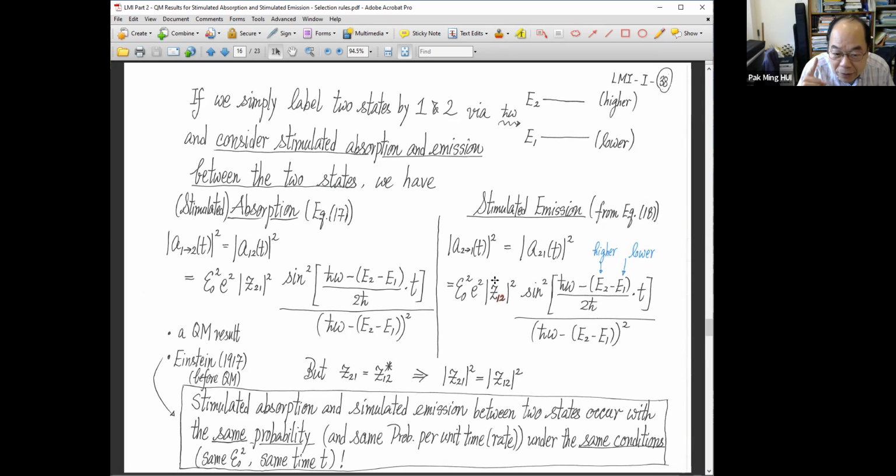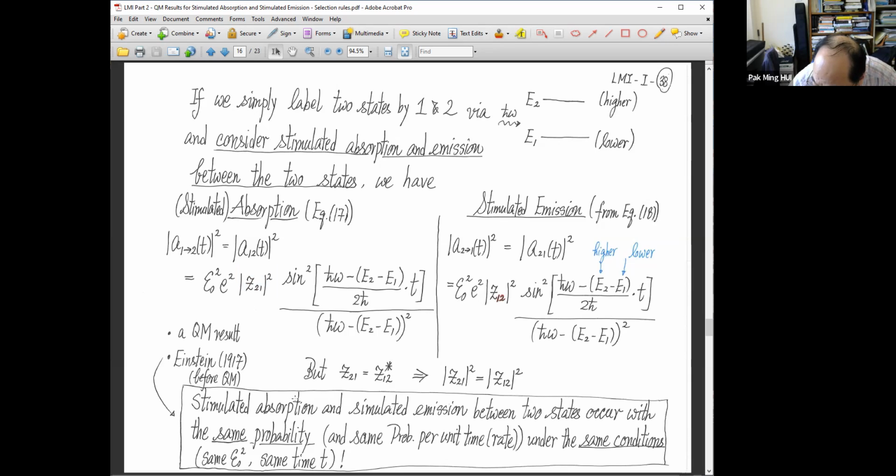Now immediately you see something. Look at this integral. This integral has to do with these two particular states and with a Z in the middle. In the first term, I have the lower energy one on the left-hand side.